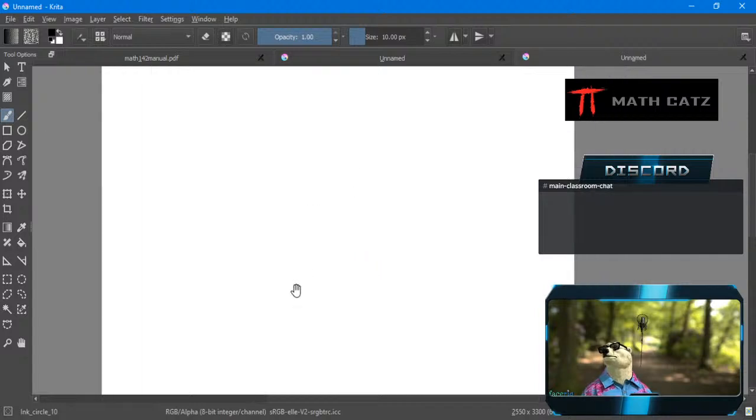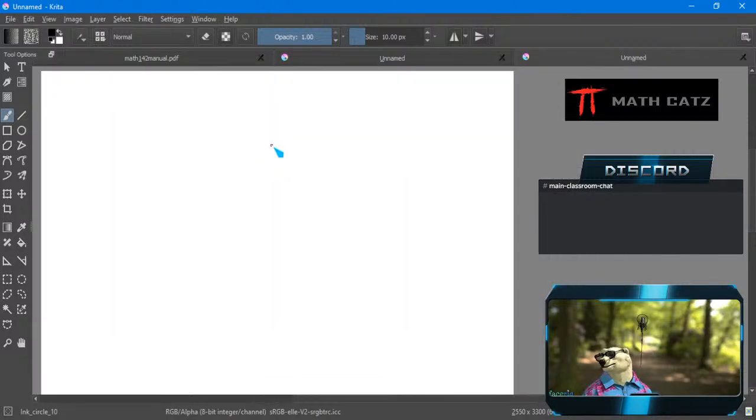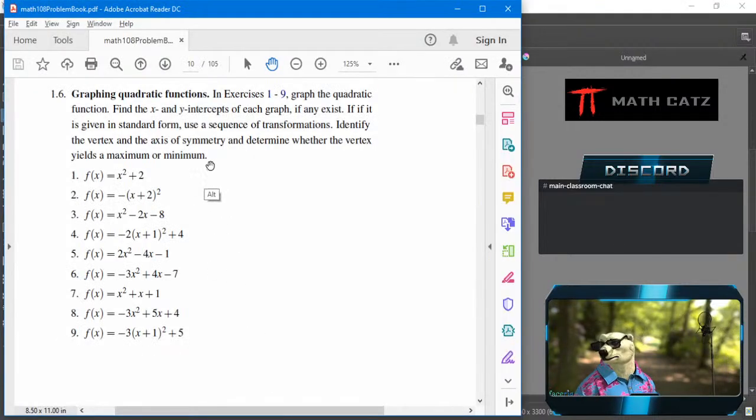Let's see here which problem I want to do. Problem 1.6 number 4. And of course that all refers to the problem book, which we'll use as in-class examples. Number 4. So I ultimately have to graph and figure out f of x.